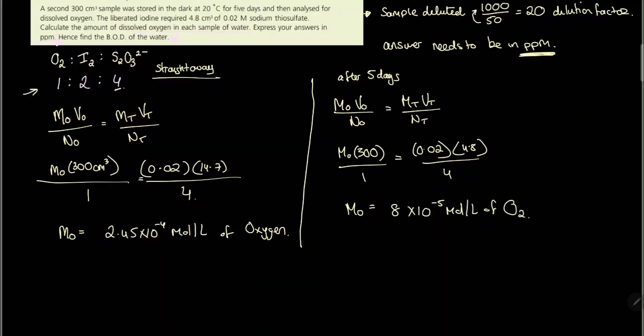Okay, so we've calculated the molarity of oxygen in each sample. Okay, so you can see that from here, we need to change this moles per litre into parts per million.